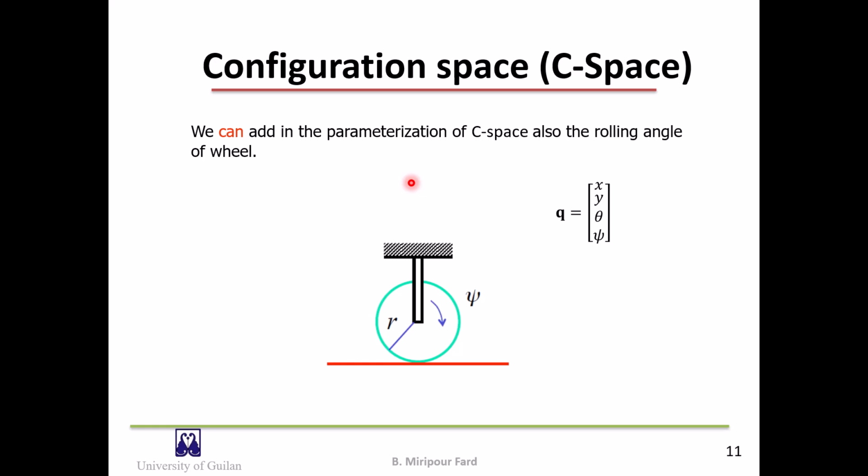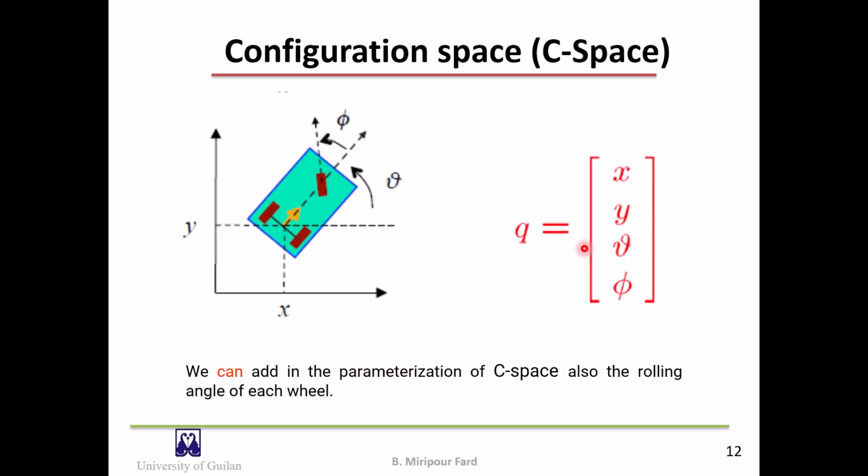We can also add in the parameterization of C space the rolling angle of the wheel. Psi is the rolling angle of the wheel, and we can also add it here. Therefore, the configuration space of a wheel can even be considered as four-dimensional. Here is another example where the configuration space is four-dimensional.